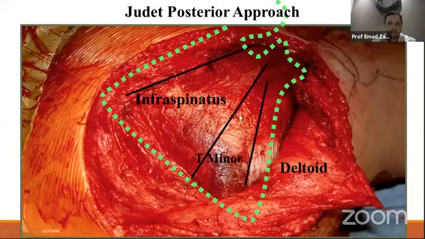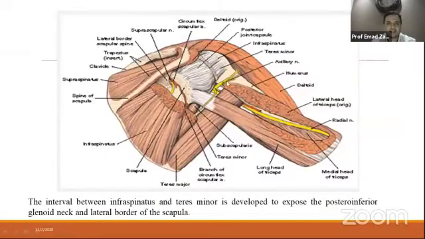Be careful that the suprascapular nerve passes through this site here, and the axillary nerve and circumflex vessels pass here down to the deltoid. Here, this is the suprascapular nerve and vessels, and here, this is the axillary nerve and the circumflex vessels.